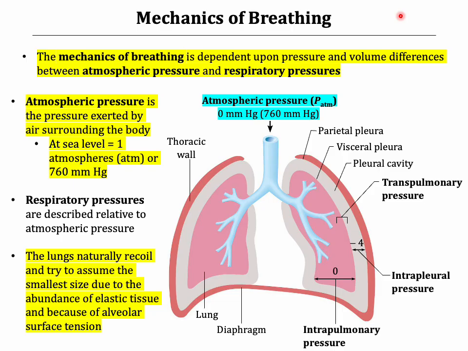So atmospheric pressure directly influences our mechanics of breathing. And then for our respiratory pressures, we're thinking about the different chambers within the lungs, within the thoracic cavity, the air that's in there, and the pressure that it exerts.